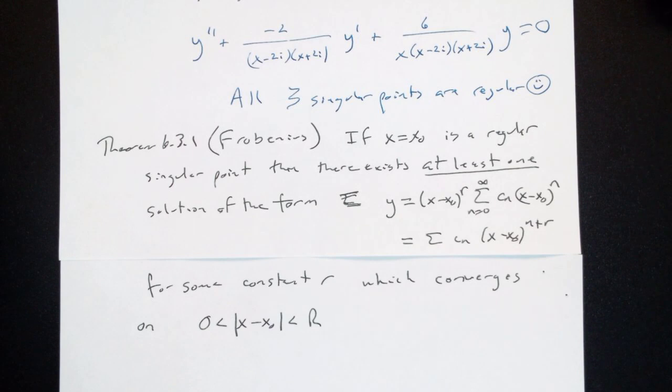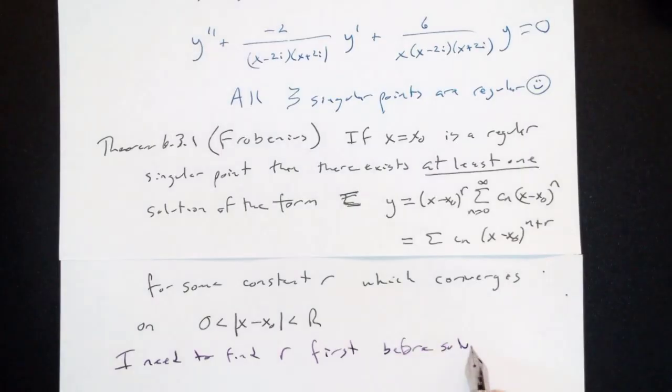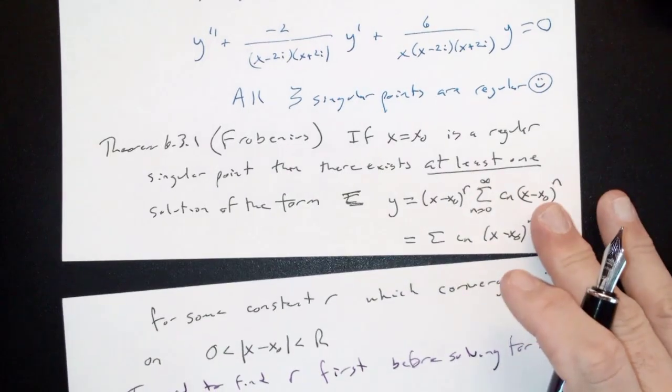The problem is that I need to find r before I solve for the Cj's. I need to find r first before solving for the power series coefficients.